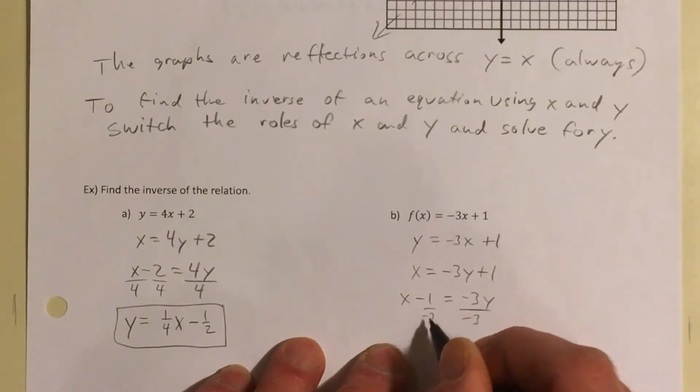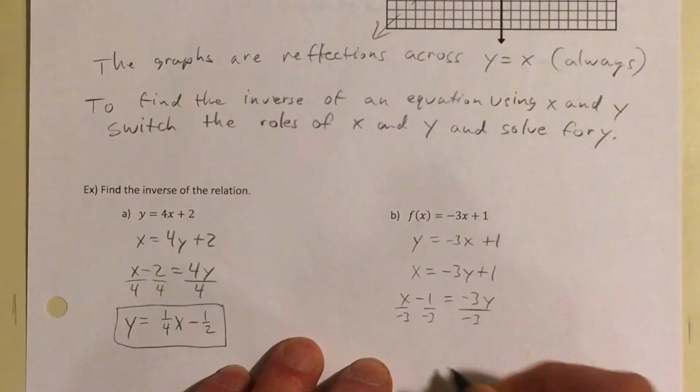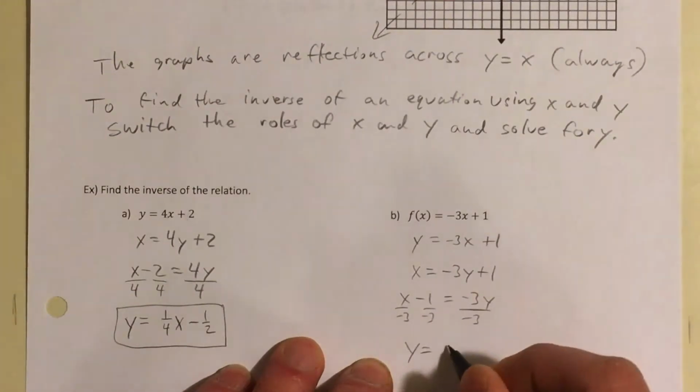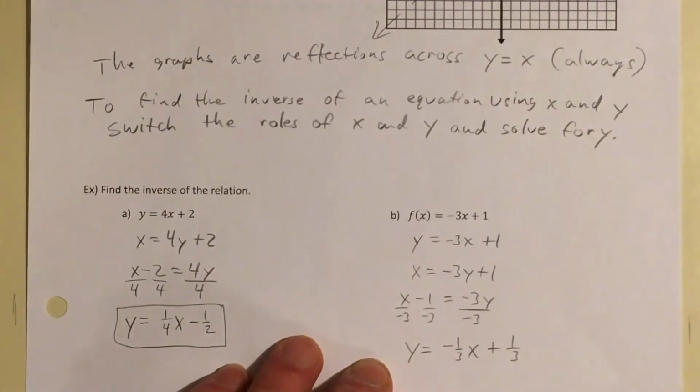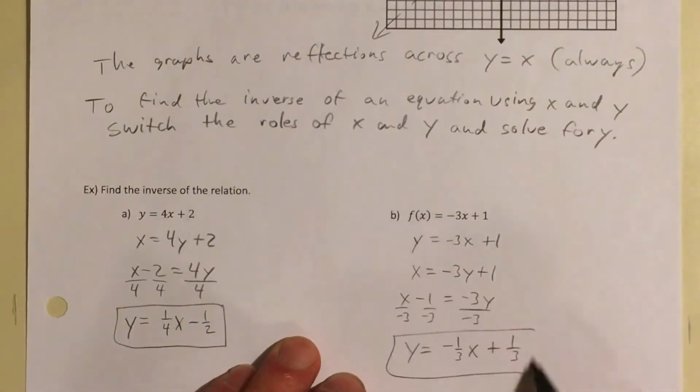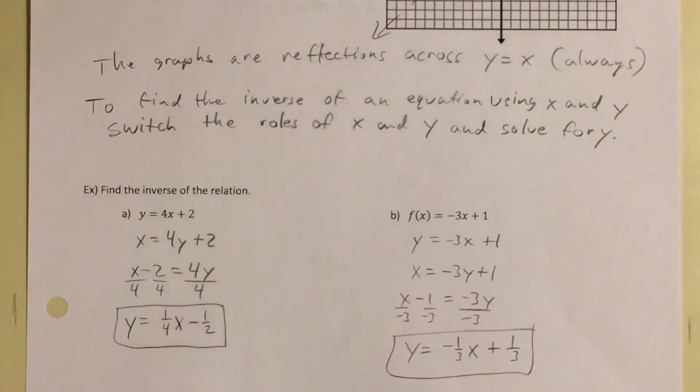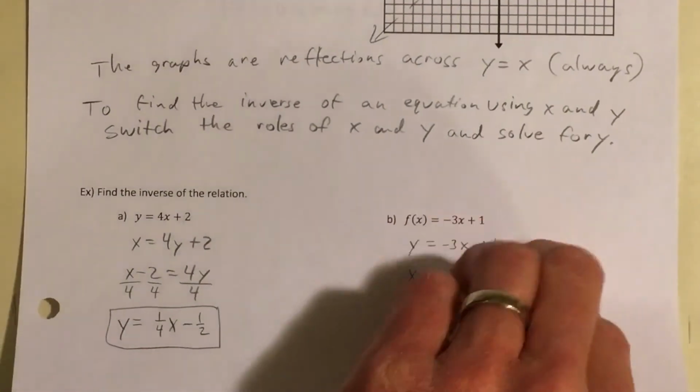Distribute my division. And I get y equals negative 1/3 x plus 1/3. Negative divided by negative plus 1/3. And there we have it. Inverse of a relation, inverse of a function. All right, let's flip the page over, see what else we got.